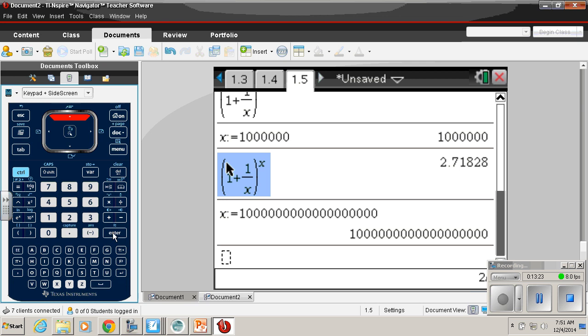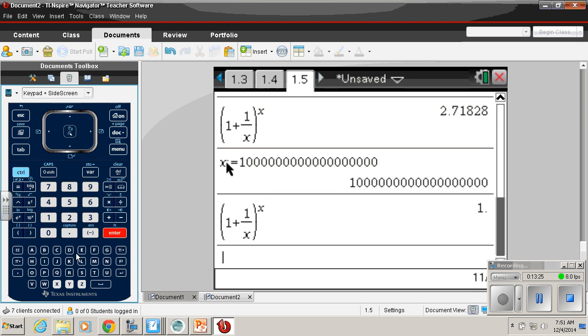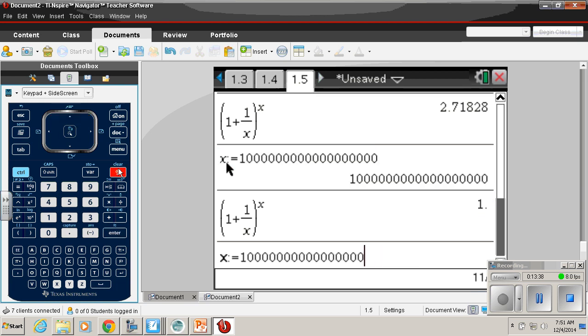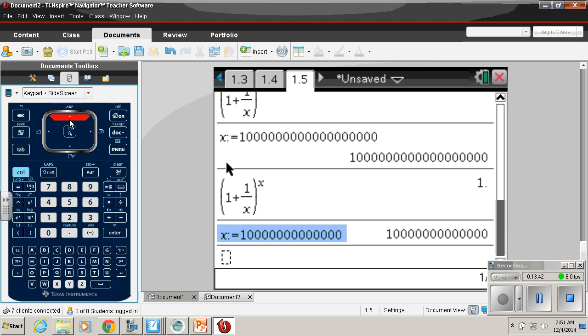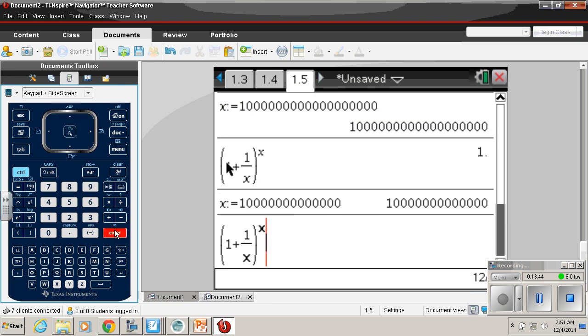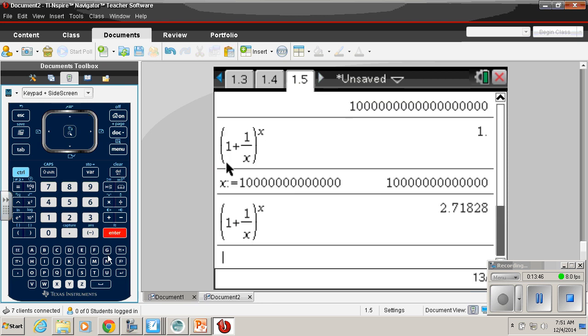Let's see. That does not seem right, huh? Maybe the calculator can't handle that many zeros. So this happens. Let's just back off a few zeros. Well, it looks like it's approaching 2.71.